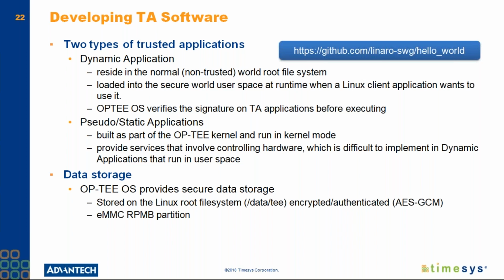In case Opti does want to store data into non-volatile memory, it can either store it in encrypted format in the Linux root file system, or it can also write to the eMMC RPMB partition, which is a protected partition which prevents unauthorized access.